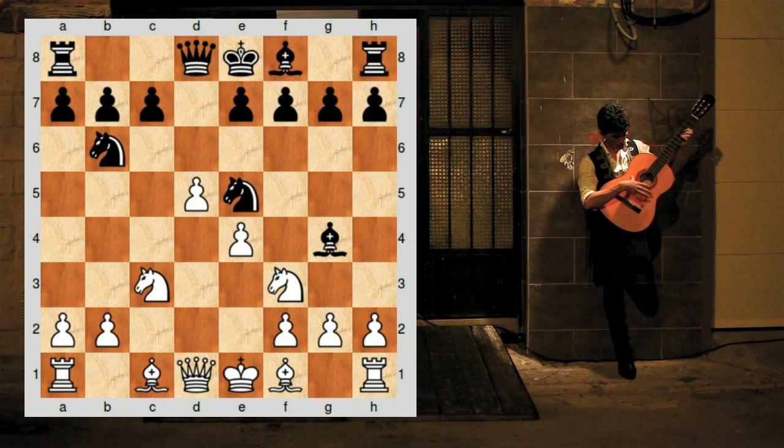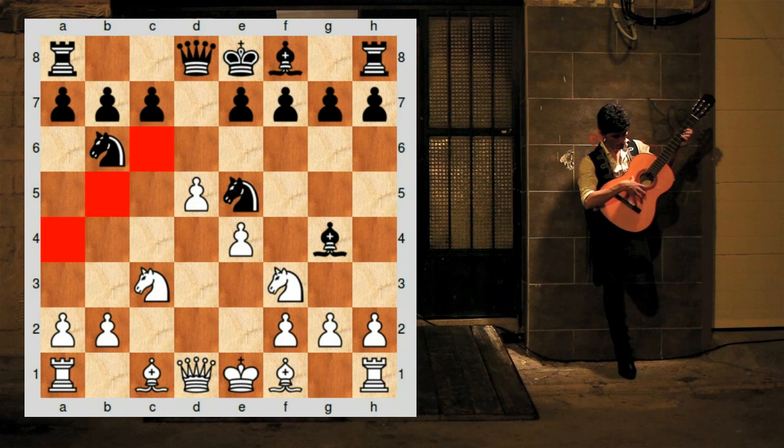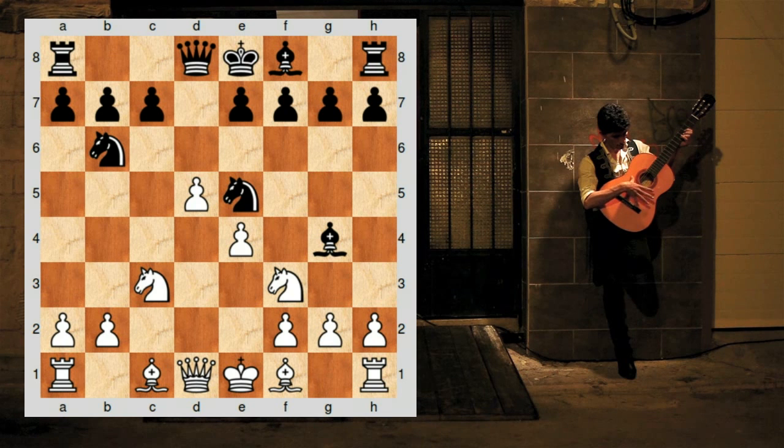Okay, here's a little puzzle that we set at the outset. Hopefully now you recognize the weakness of this diagonal here. The weakness of the king position. This undefended knight.